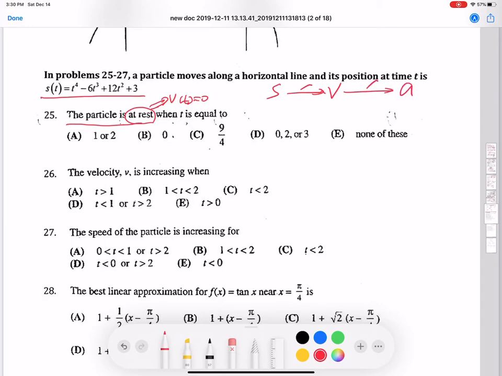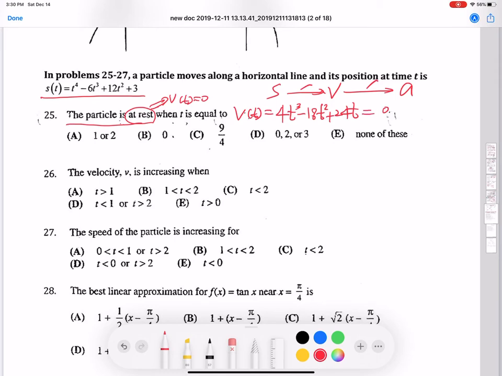So just find the velocity function, which is the derivative of the given position function. T to the fourth, derivative 4t cubed, and then negative 6t cubed, derivative negative 18, 6 times 3 is 18, t squared, and then 24t. That equals 0, right?